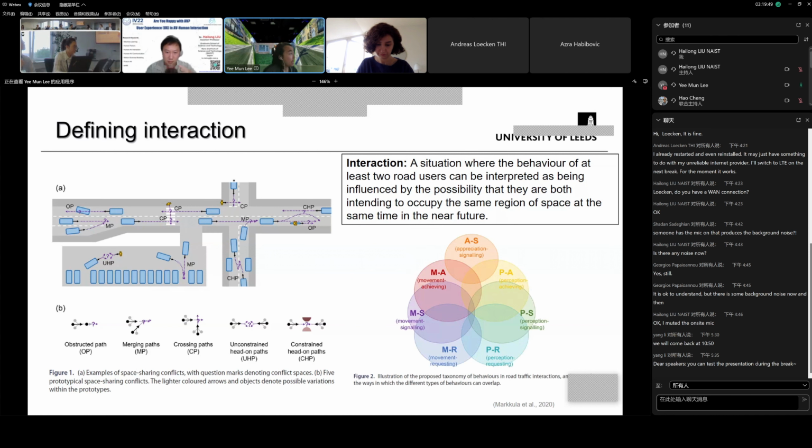There are a lot of behaviors that we can observe on the roads from road users, and they have different purposes, and we have categorized all the purposes that can be observed on the road.